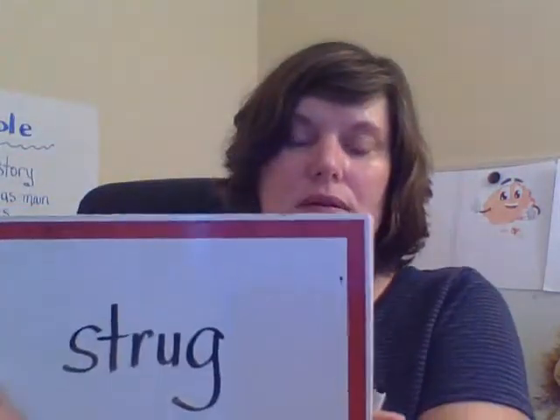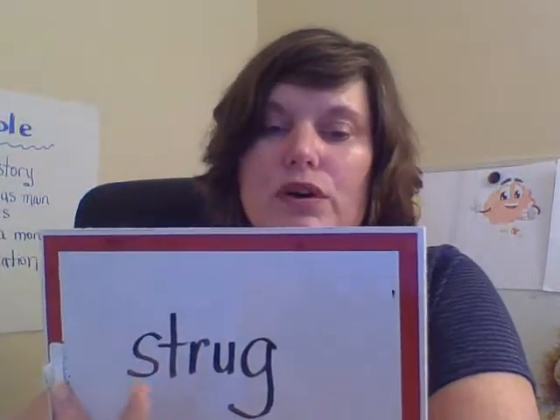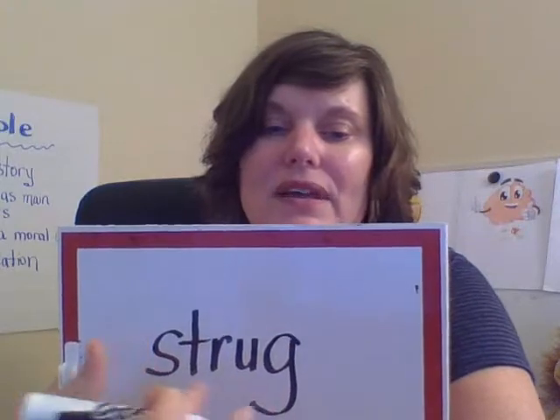Last word we're going to spell is struggle. Struggle. What's the first syllable you hear? Strug. Go ahead and spell strug. I heard that small word rug in there. That could have helped you. And then gull.